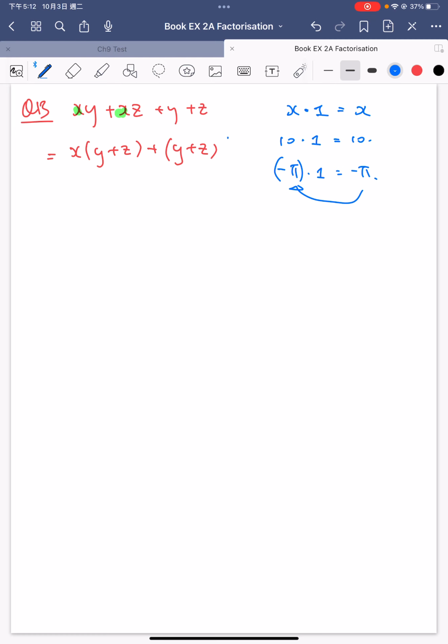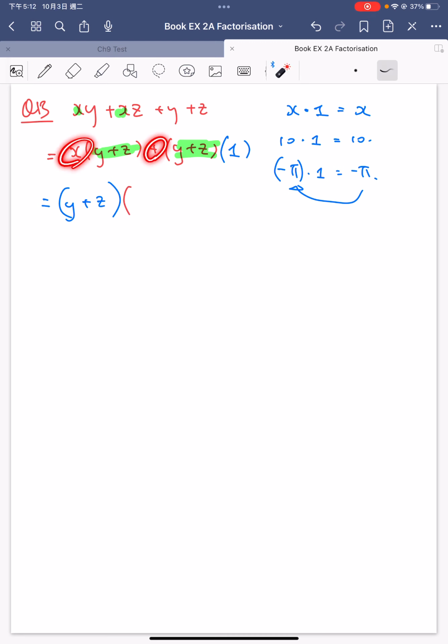So this one can be actually times 1. So y plus z times 1 is actually exactly the same as y plus z. So now we can say that the y plus z is our common factor. So we take that out, y plus z as the common factor. Then what we left is just the x plus 1. So we have the x plus 1 as our remaining term.